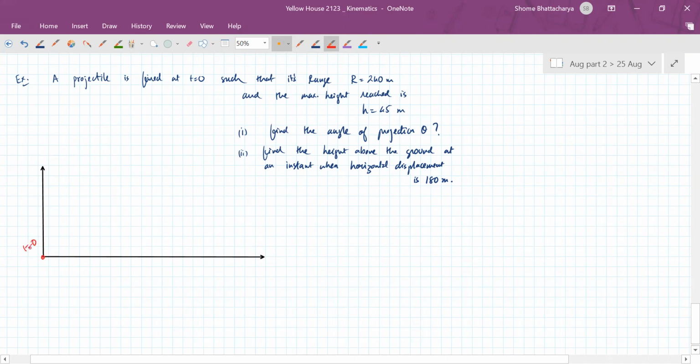So at t equal to 0, we're projecting it like this. The things given to us are that the range is 240 meters and the maximum height it reaches is 45 meters.